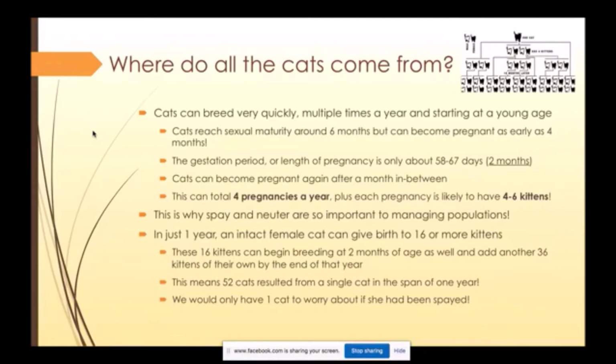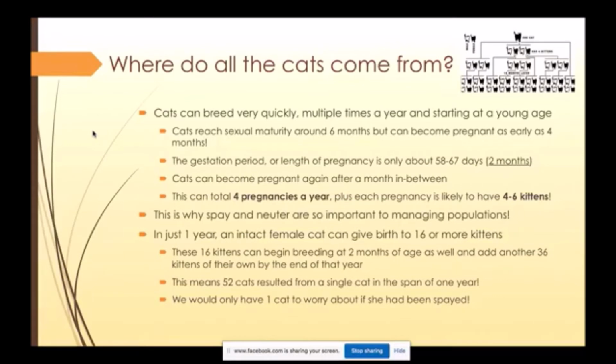If we spay and neuter, then we're preventing a lot of unwanted litters of puppies and kittens, and those numbers will dramatically decrease. Whereas if we have an intact female cat, in just 1 year, she would be able to give birth to 16 or more kittens.